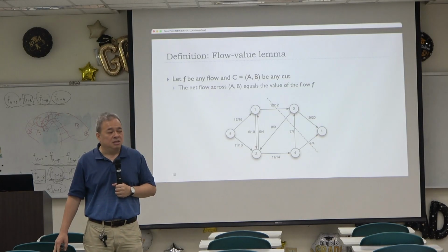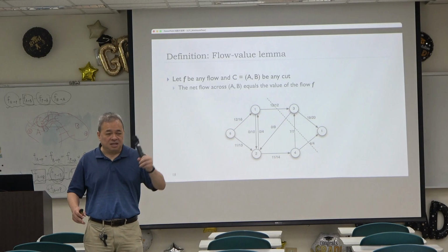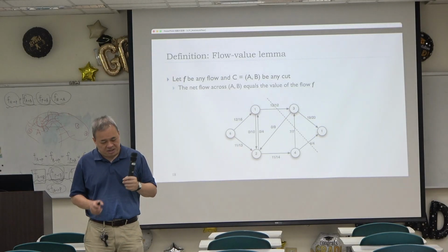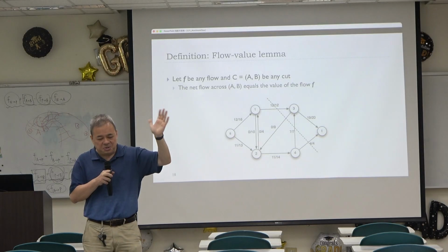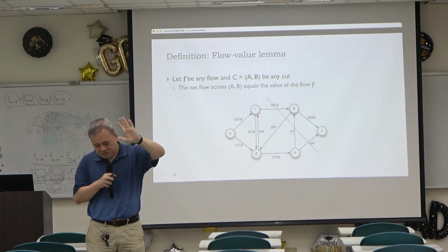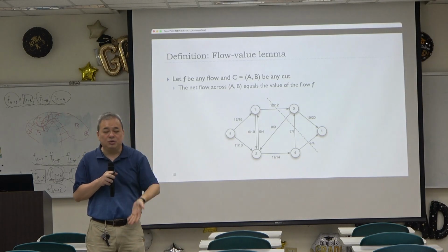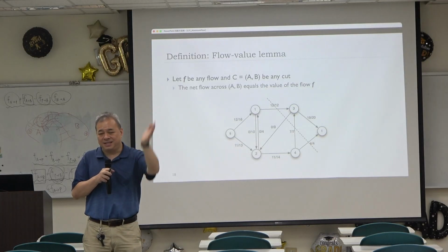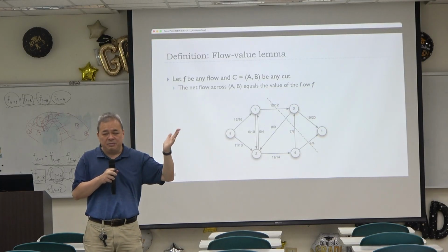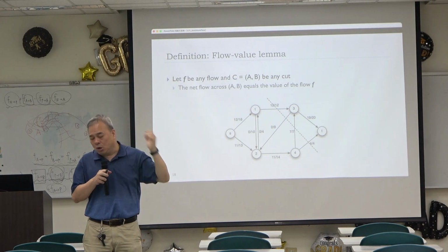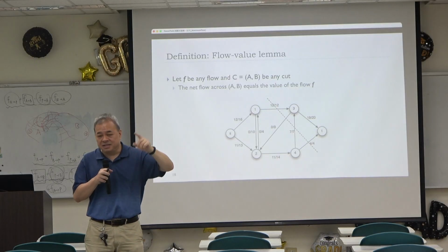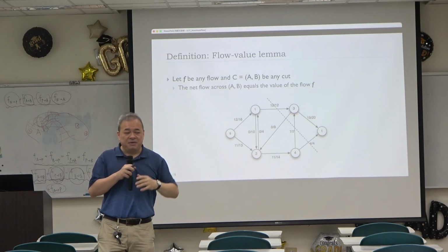I can still use that term, the bottleneck, in this cut. In any cut, that capacity pretty much defines the maximum flow, because once you use up all the capacity in this cut, you don't have additional augmentation paths that can go through this cut, right? So that's the basic idea.